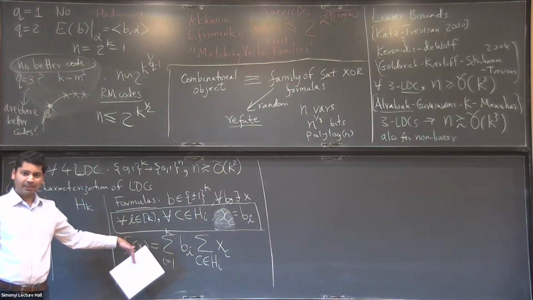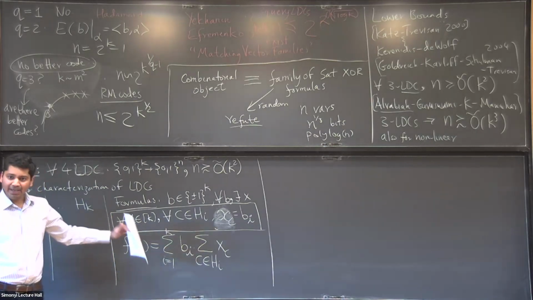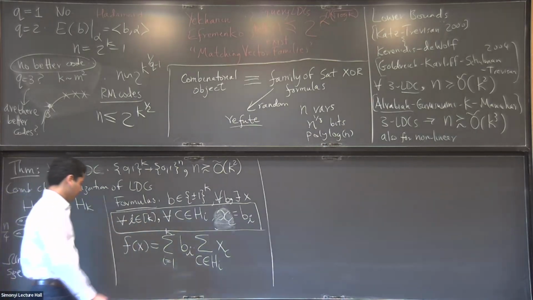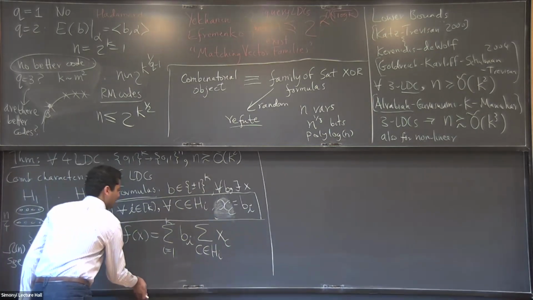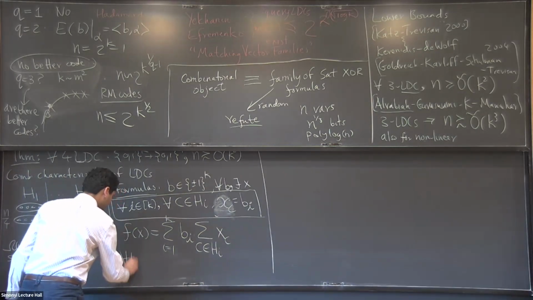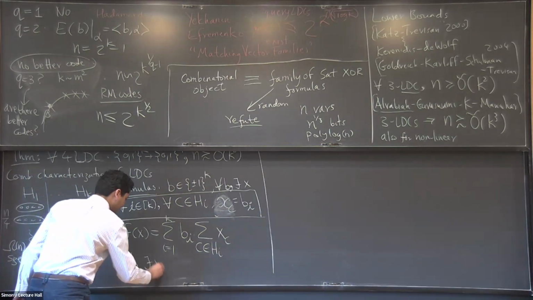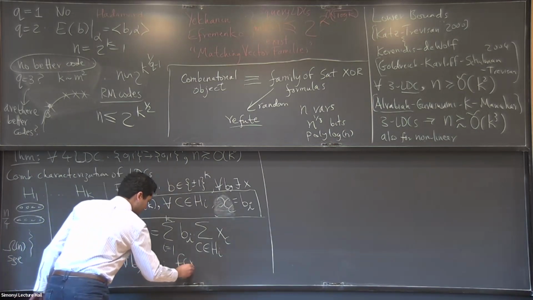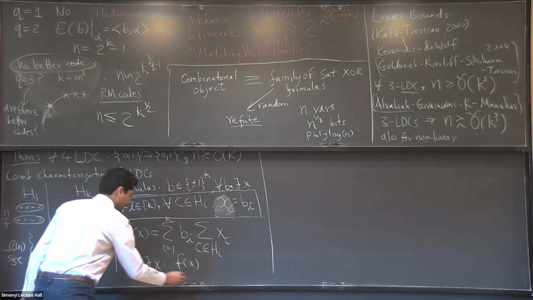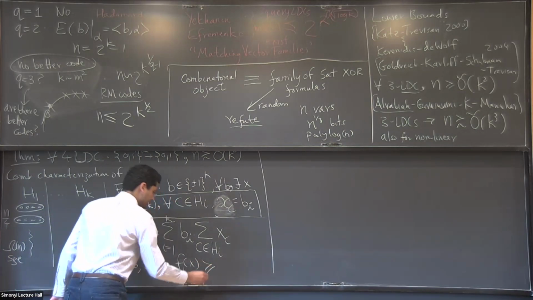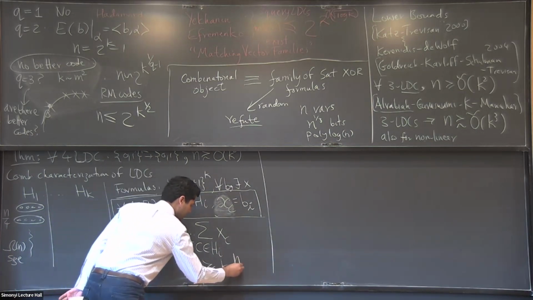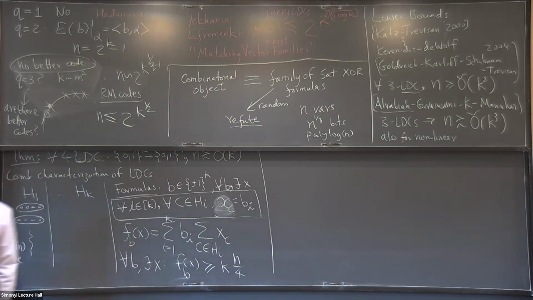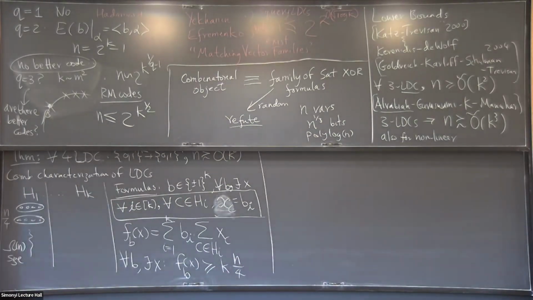Then I claim that for every b, there exists an x such that f(x), let's call it f sub b of x, is at least k times n over 4. This is really trivial.